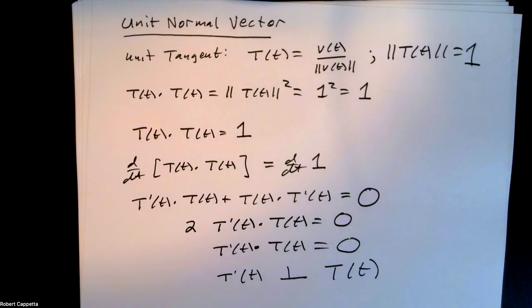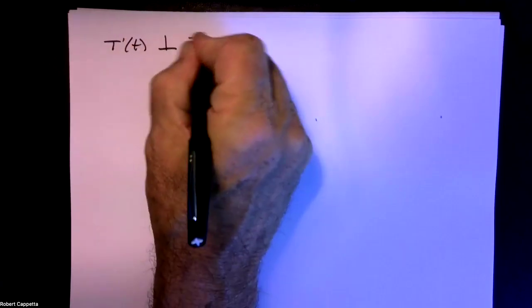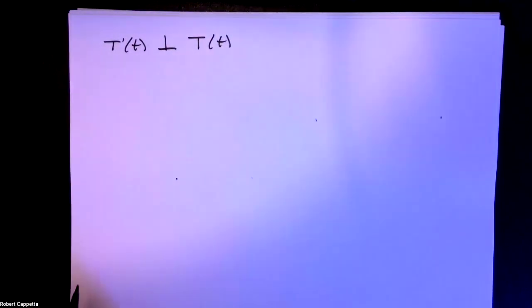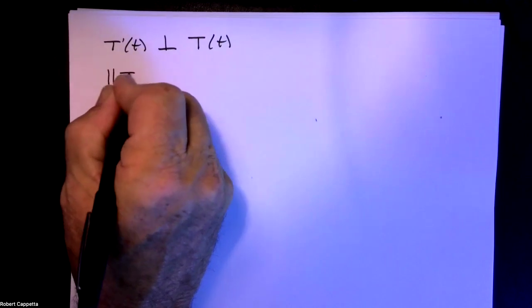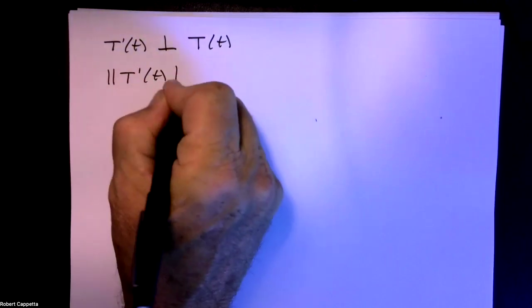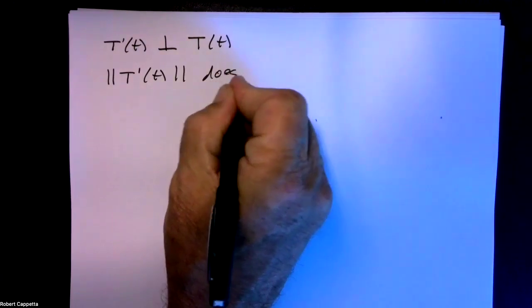But the magnitude of T prime of t doesn't necessarily have to equal 1. So what do we say about that? So we know that T prime of t is orthogonal to T of t. We just proved that. We also know that the magnitude of T prime of t does not have to equal 1.